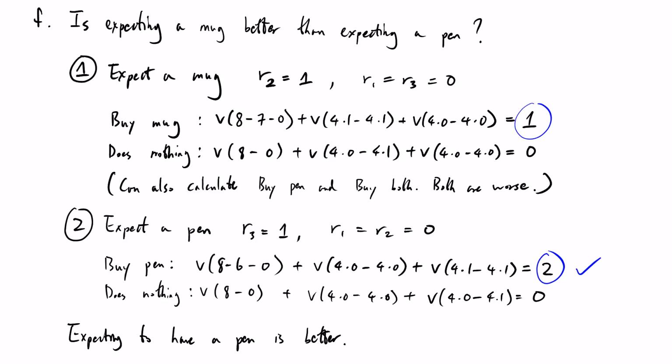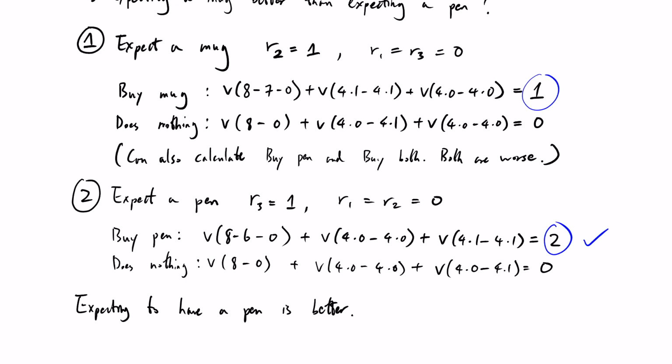Why? Now, the direct answer is that basically Avero is going to do what he expects, because not fulfilling your expectation, not fulfilling what you think is going to happen, is painful. So he's going to buy the pen. He's going to buy whatever he expects.